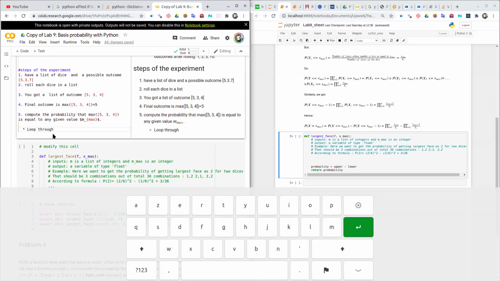Okay. You loop over the values of the list of dice.